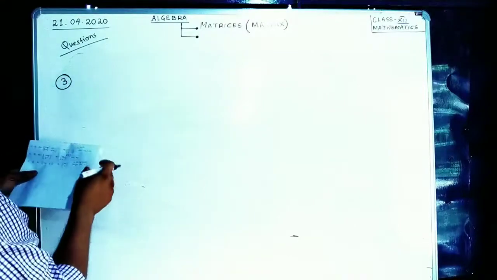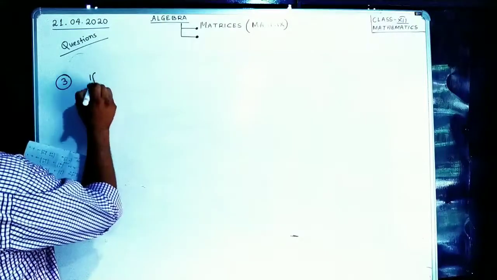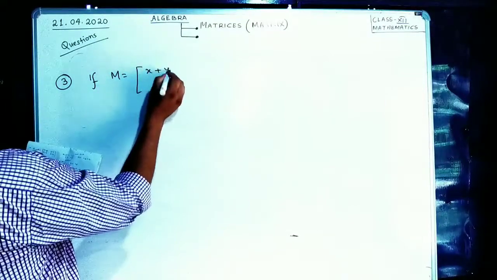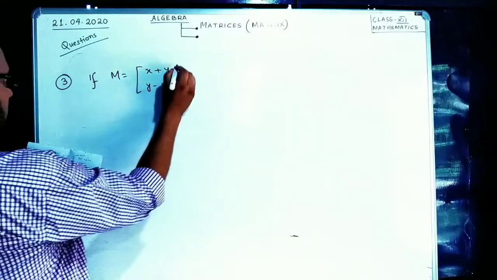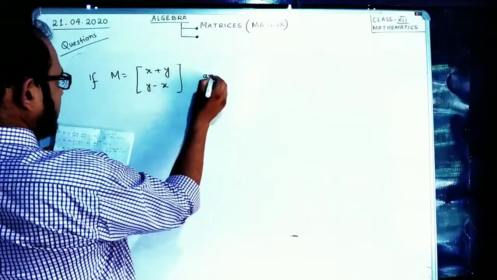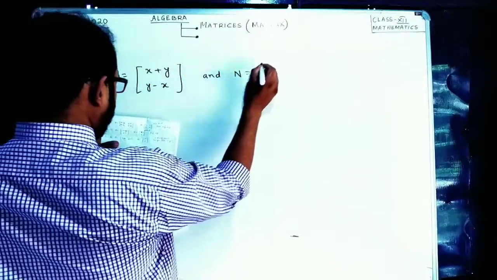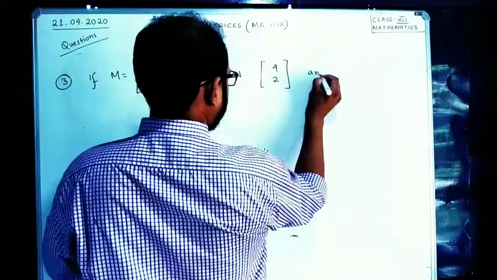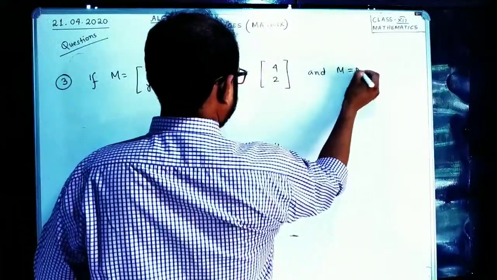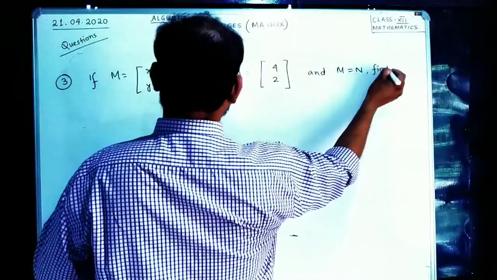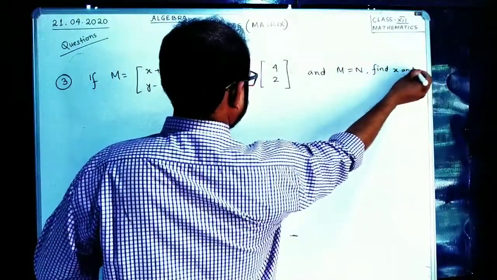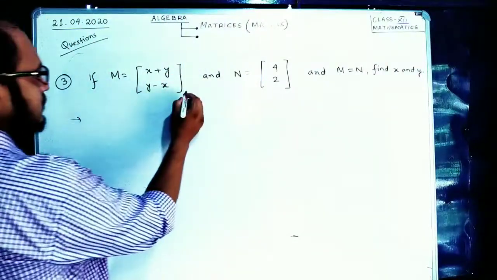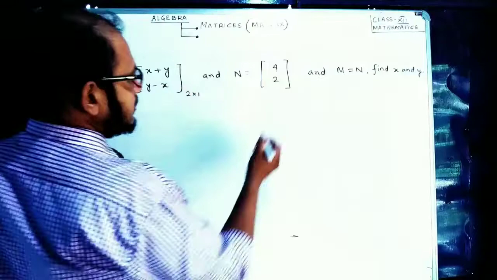Question number 3. If m equals the matrix x plus y, y minus x, and n equals 4, 2, and m equals n, find x and y. This is simple. What is the order of this matrix? 2 by 1 matrix. It's again a 2 by 1 matrix.